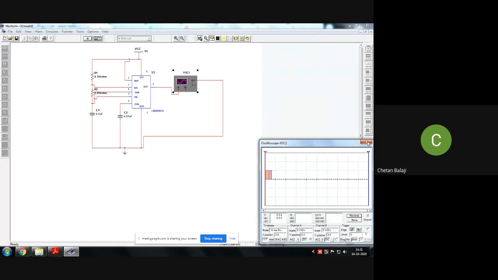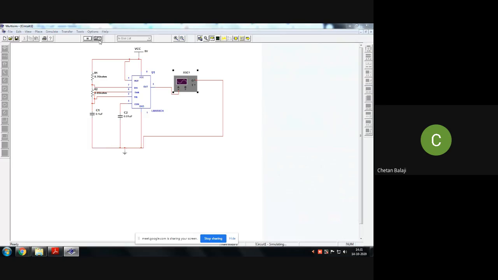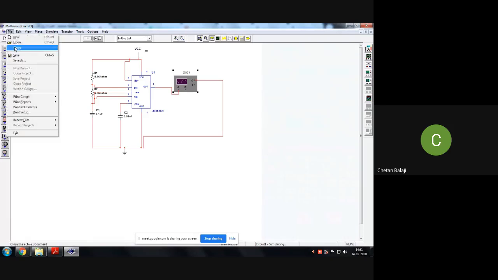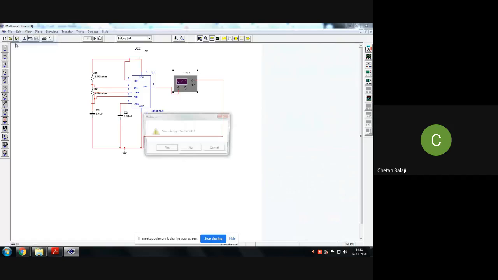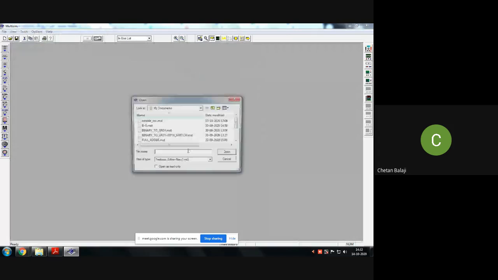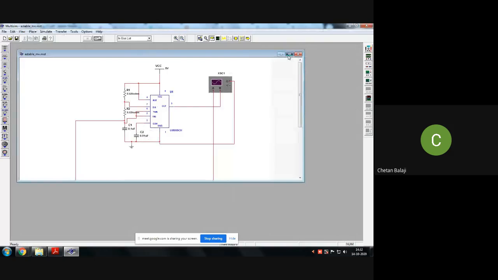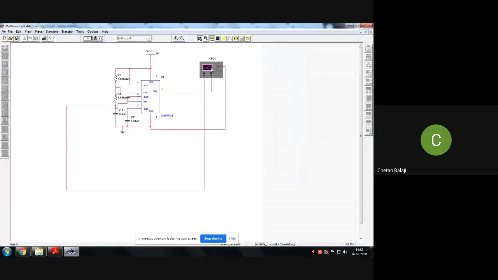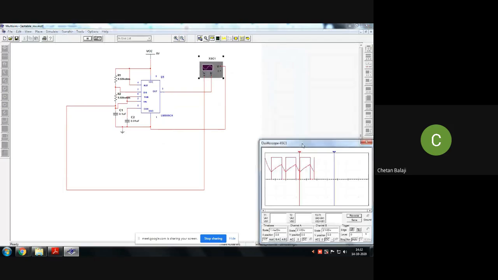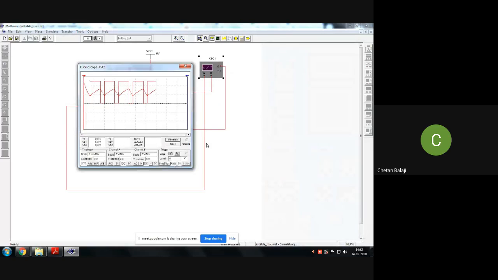You can see this waveform. It came out so well, exactly the same as expected. I am measuring my T on here.